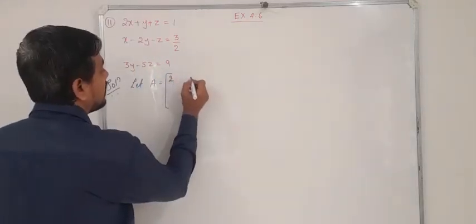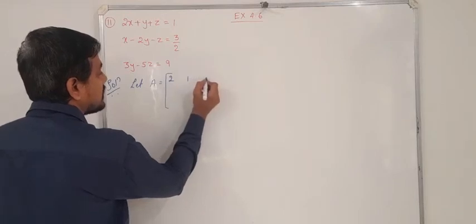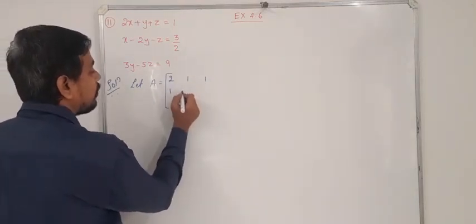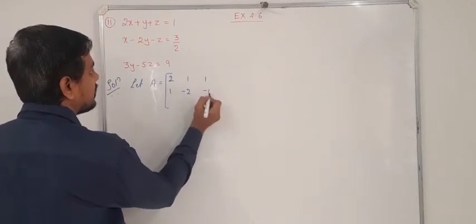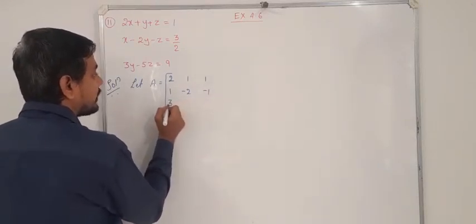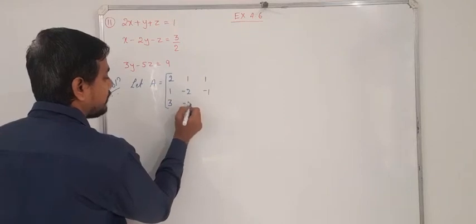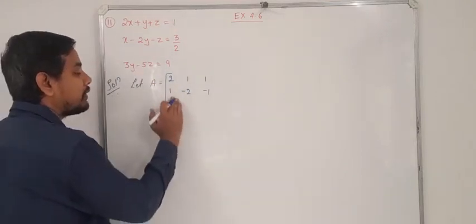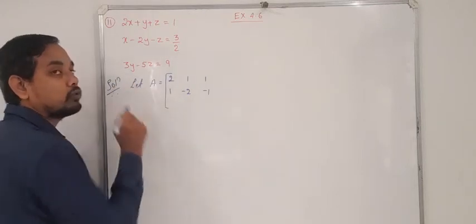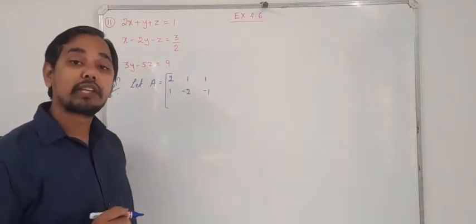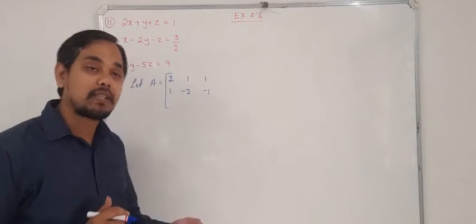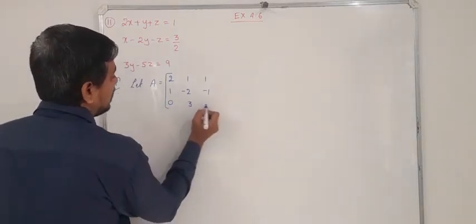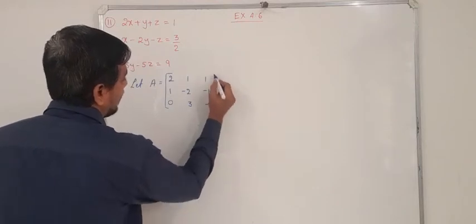The coefficient of x is 2 in the first equation, y is 1, z is 1. In the second equation, the coefficient of x is 1, y is minus 2, z is minus 1. And in the third equation we get coefficients 3, minus 5, 3. You observe here, there is no x term, which means the coefficient of x will be 0. So the third row is 0, 3, minus 5.